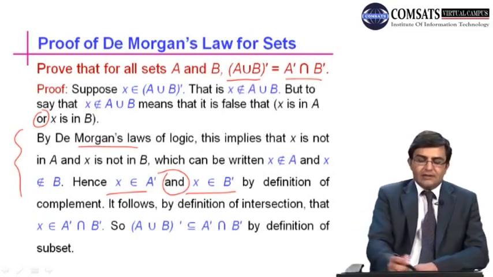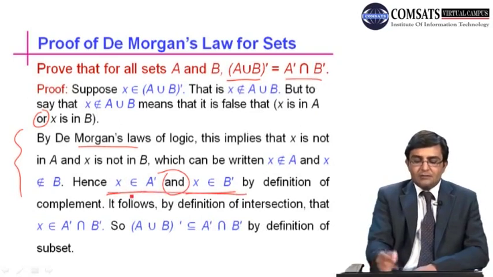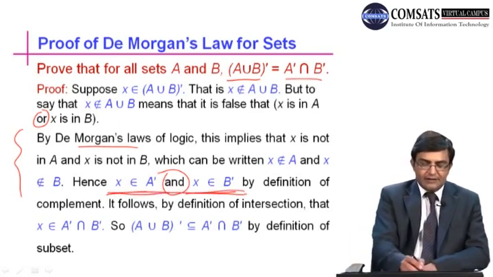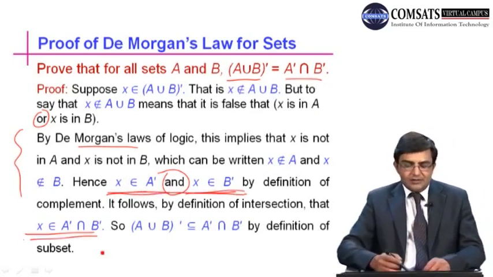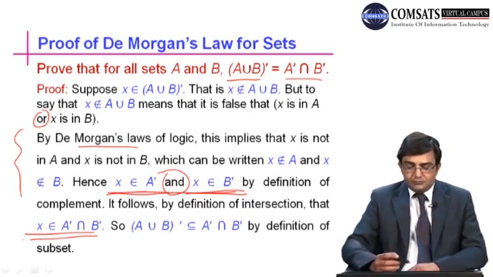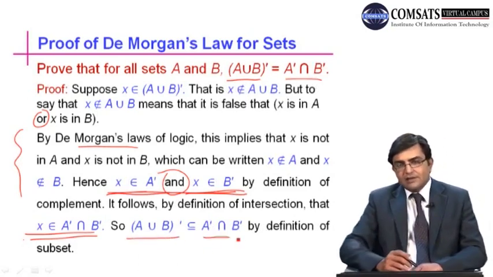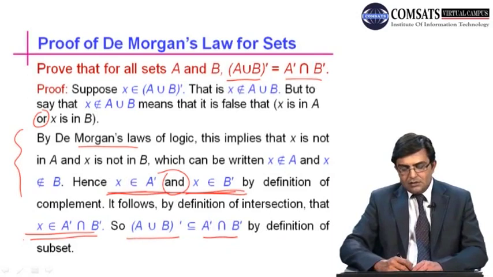If this is true, then X belongs to A complement intersection B complement. If this is true, then by definition of intersection we can write this. So this is what we have to prove. So we can say that this side is a subset of the right hand side. Now one inclusion has been proved.